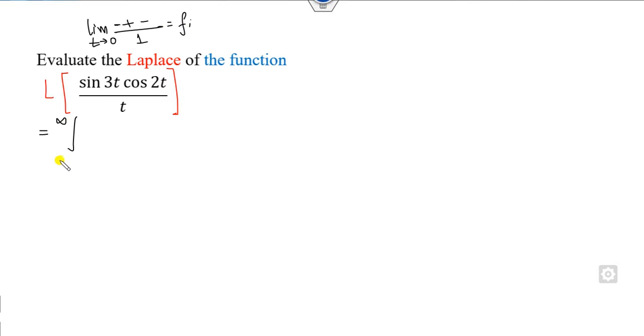Now how can you find that? It is the integral from s to infinity, because it's a single t, of Laplace of sine of 3t cos of 2t ds. How can you find this Laplace? Since it is a product form, I have to multiply by 2 divided by 2. So what is the formula for 2 sine A cos B?